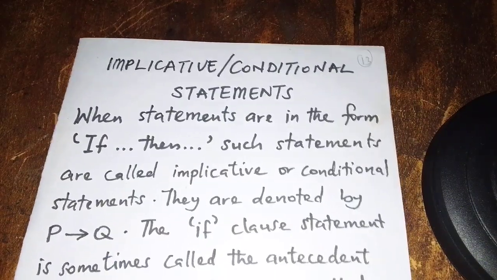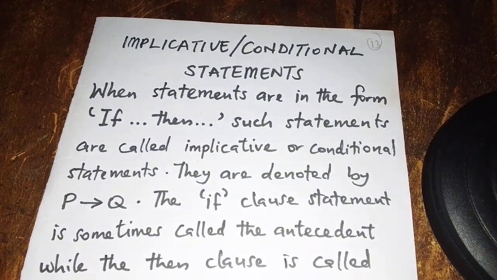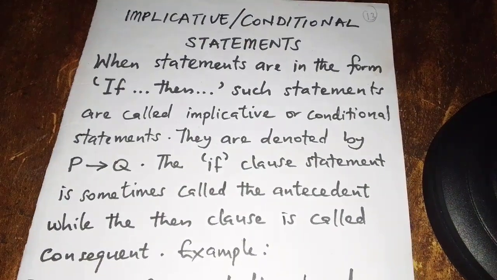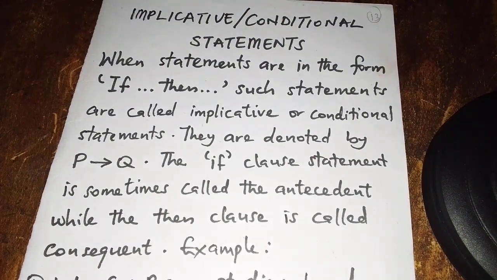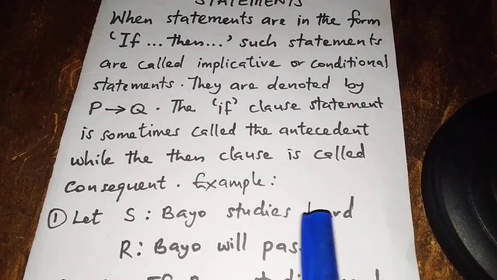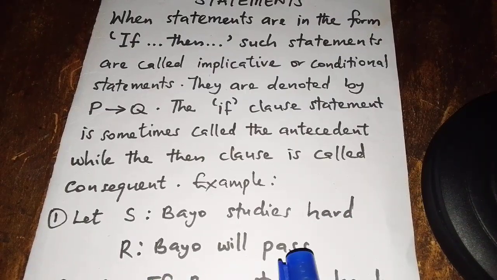The if clause statement is sometimes called the antecedent, while the then clause is called the consequent statement.